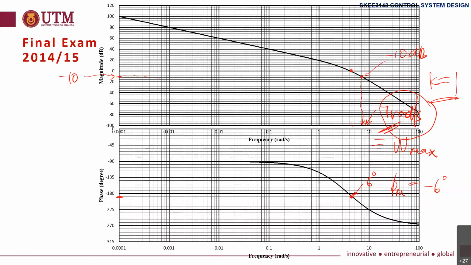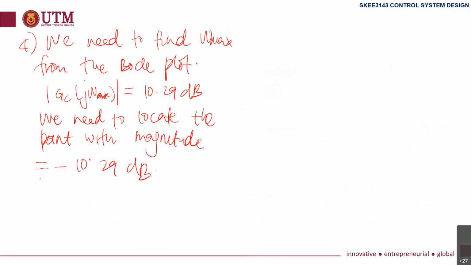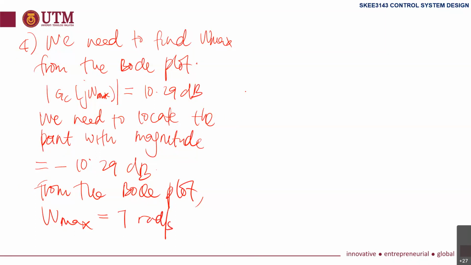This is the point that we will add, in which we want this point to be on the gain crossover frequency. So from the Bode plot, omega max is 7 radian per second.